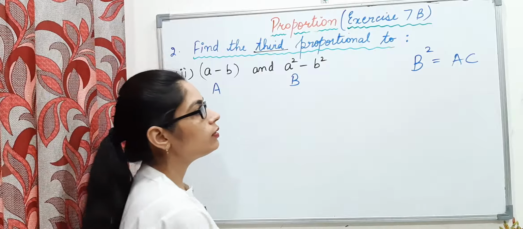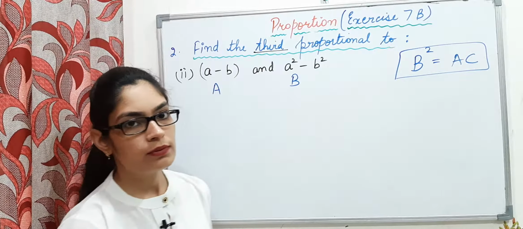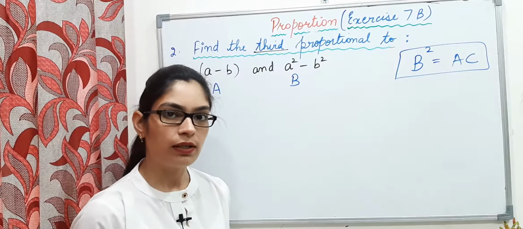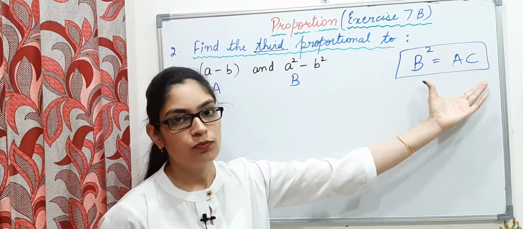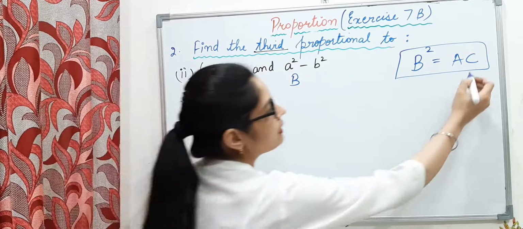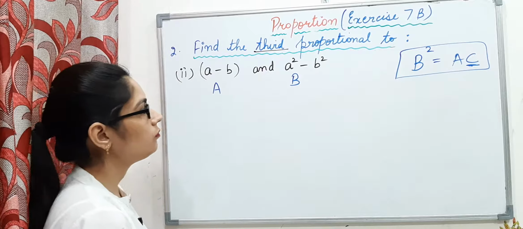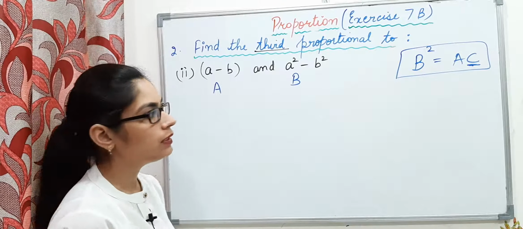See, this result we can also use directly. In the previous question, I didn't use that way. If you are comfortable, you can do it that way, but if you want, you can use this direct formula of continued proportion and solve this, because this C we have to find. A is a minus b, B is a square minus b square.